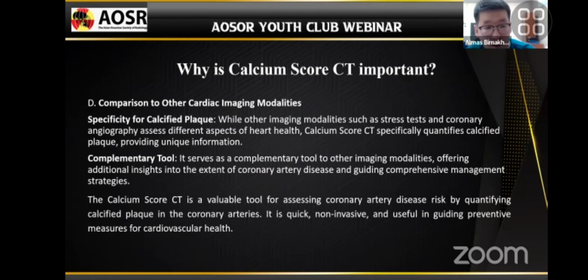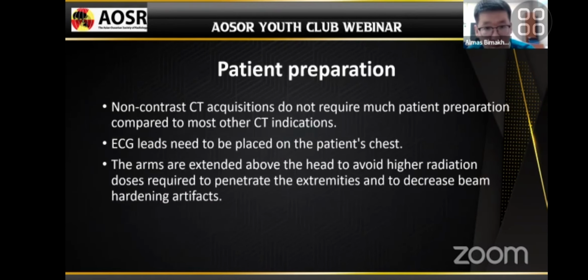Complementary tool: it serves as a complementary tool to other imaging modalities, offering additional insights into the extent of coronary artery disease and guiding comprehensive management strategies. The calcium score CT is a valuable tool for assessing coronary artery disease risk by quantifying calcified plaque in the coronary arteries. It is quick, non-invasive, and useful in guiding preventive measures for cardiovascular health.